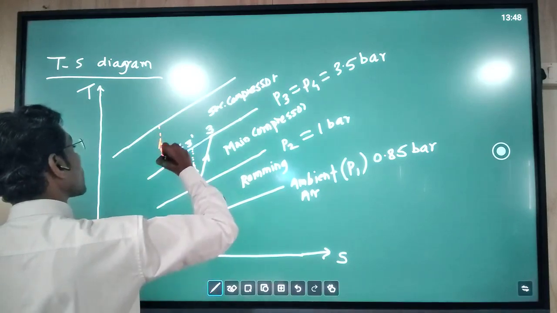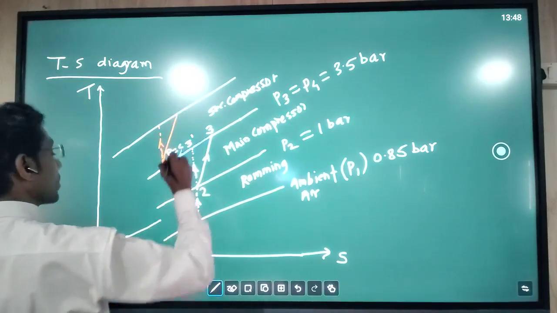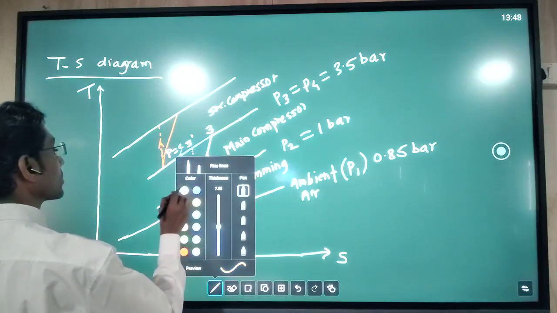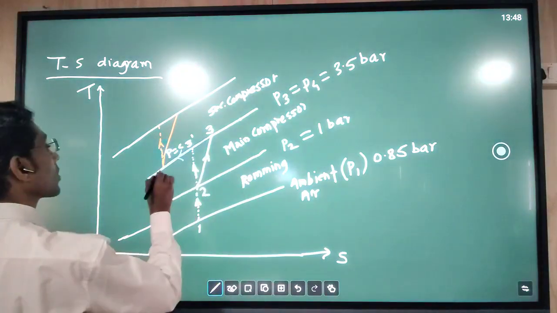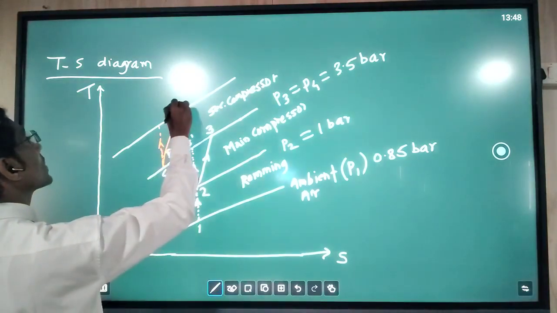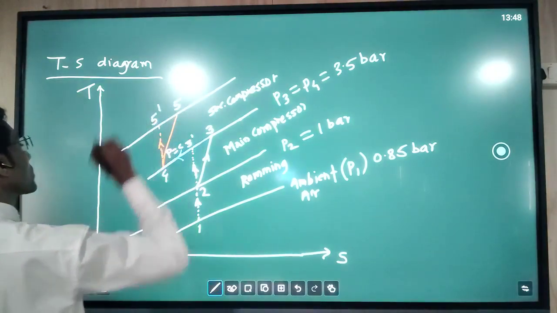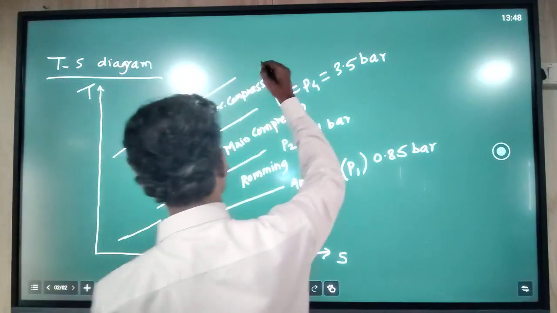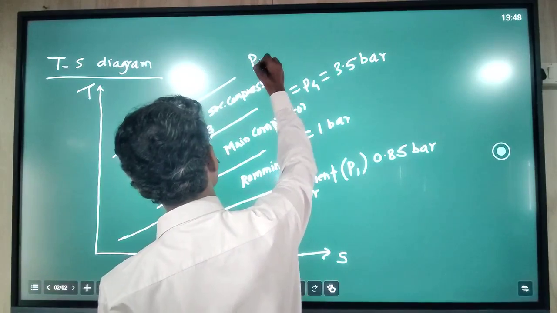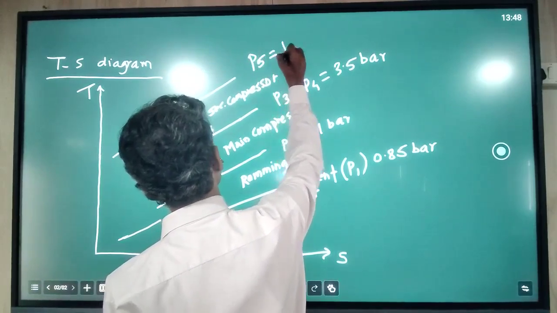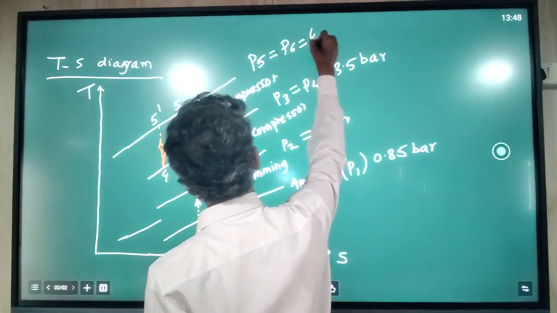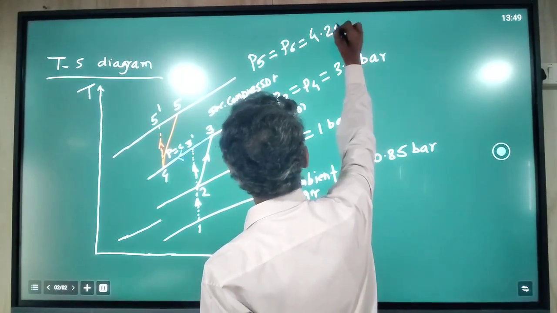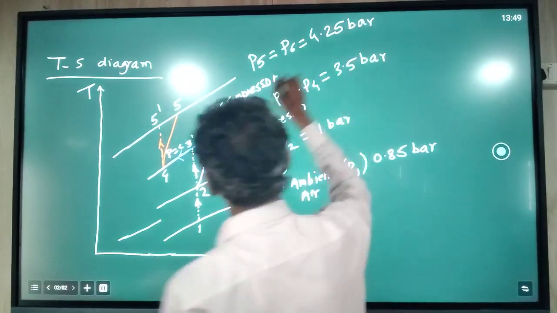Again there are two ways, actual path and ideal path. 4 to 5 is actual and 4 to 5 dash is ideal in the secondary compressor. So after this, the pressure P5 is 4.25 bar.